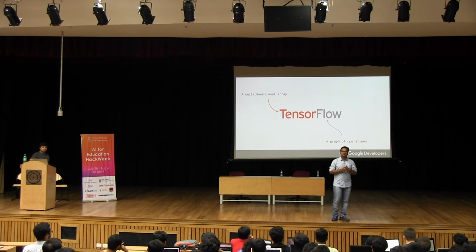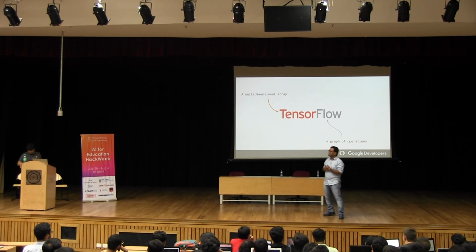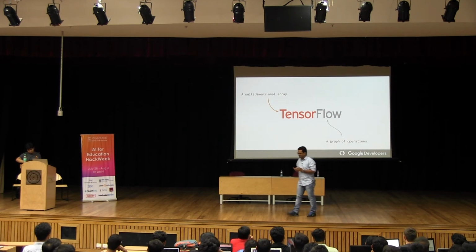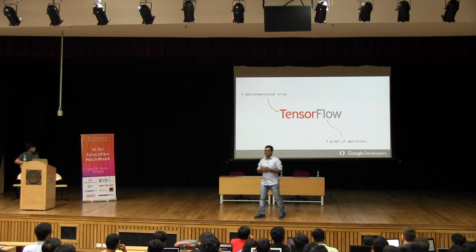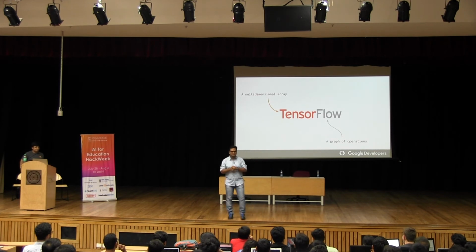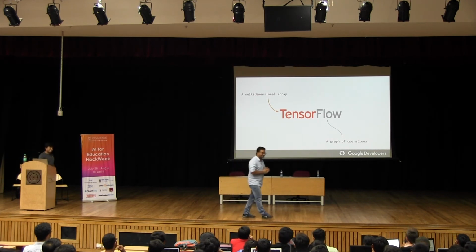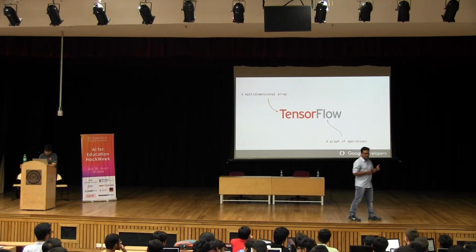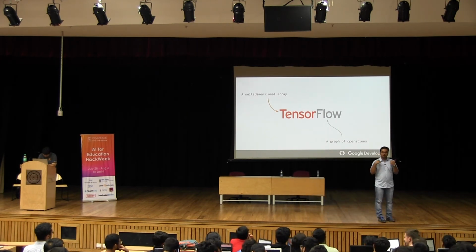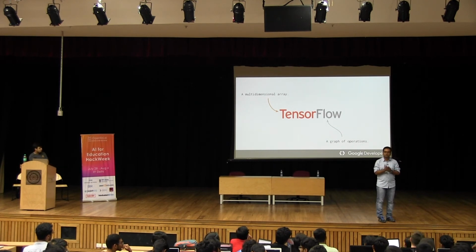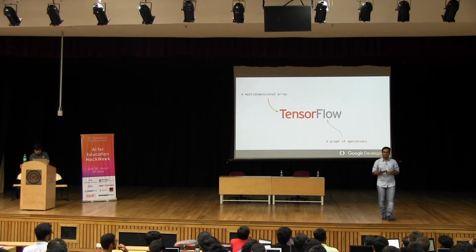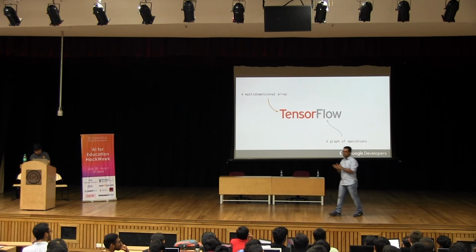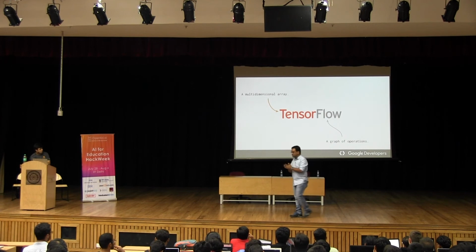Jeff Dean is one of the smartest persons inside Google. We call him so smart that we have several internal jokes about him. Like the PIN number of his credit card is the last 4 digits of pi. All the machine learning techniques that you see in any of the Google products were spearheaded by him, or he's the guy who wrote the soul of that thing. So do search for him.